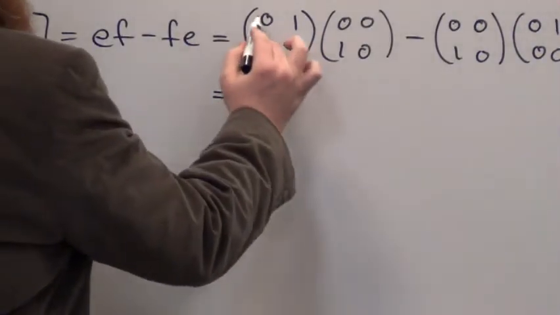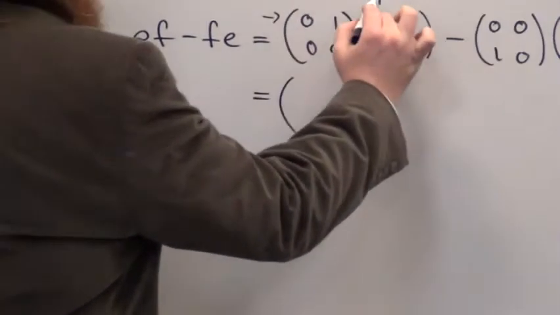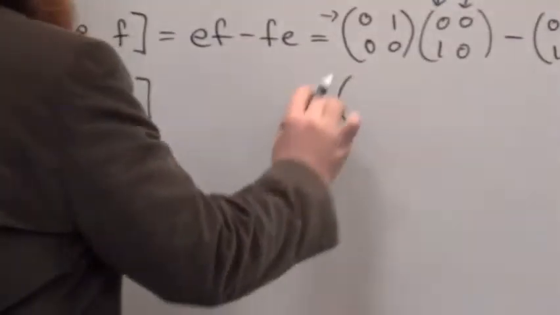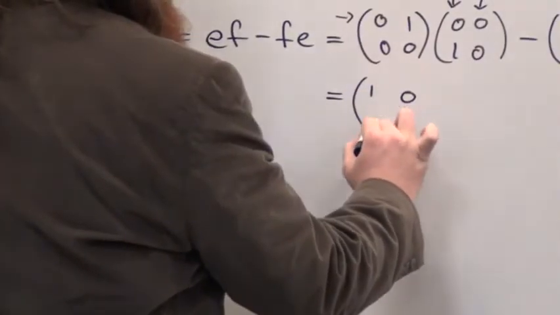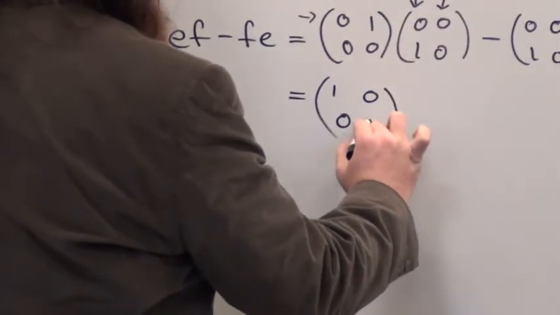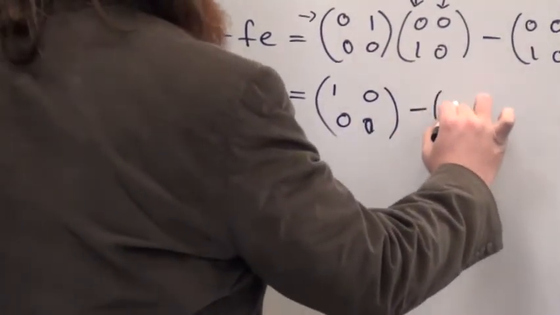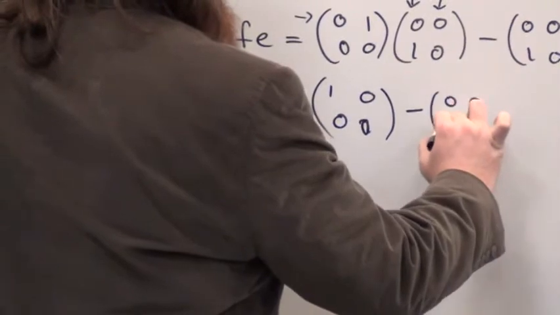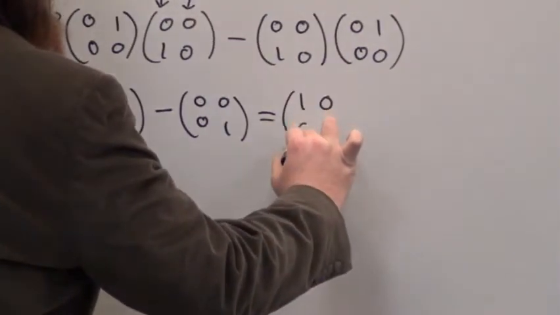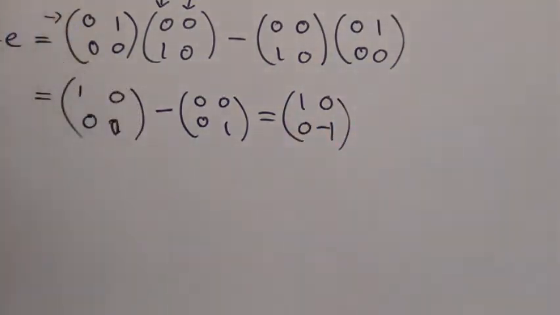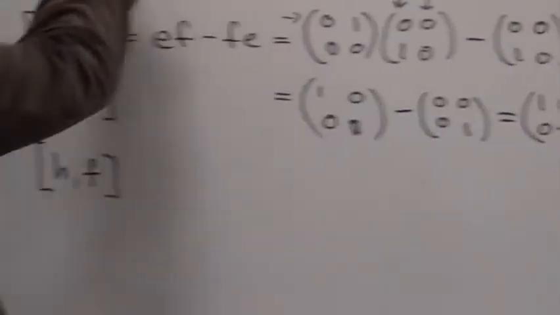Well, remember how you multiply matrices is row times column, and row times column. So when I go through and the smoke clears, I get 1, 0, 0, 0 minus 0, 0, 0, 1. This is 1, 0, 0, minus 1, but that is exactly H.